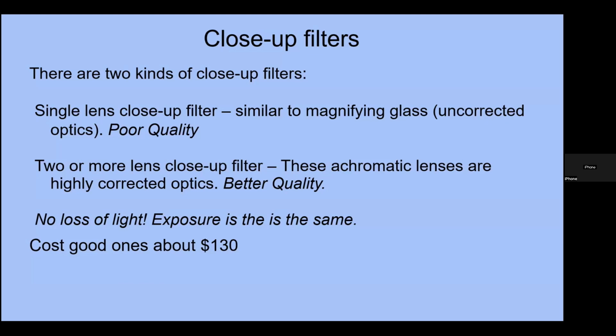Nisi makes the one that I use, and it's about $130, and you can get them on sale for about $110. I'm going to show you a graph in a minute that shows what happens when you put them on different lenses and the different magnifications of the lens.